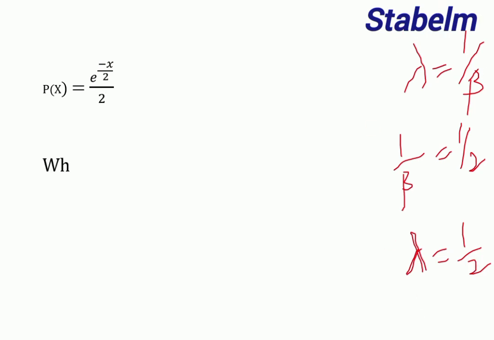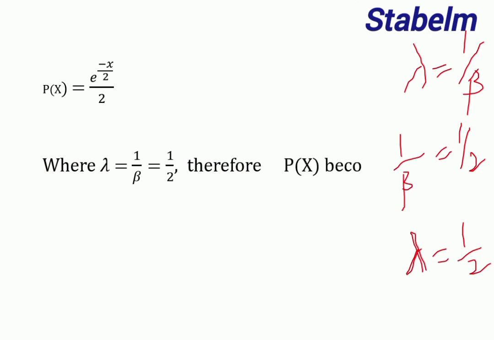Say, when alpha equals 1 over beta, and this 1 over beta equals 1 over 2, therefore p of x, the probability density function, will now become p of x equals lambda exponential raised to the power minus lambda x.